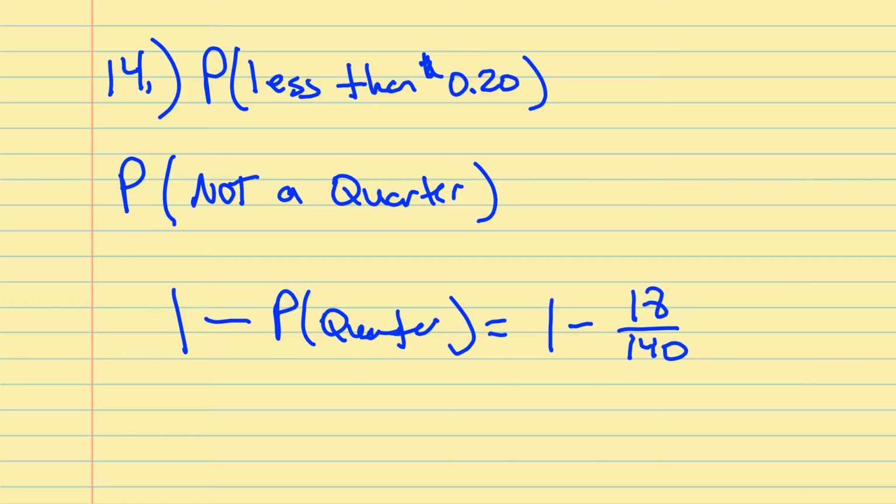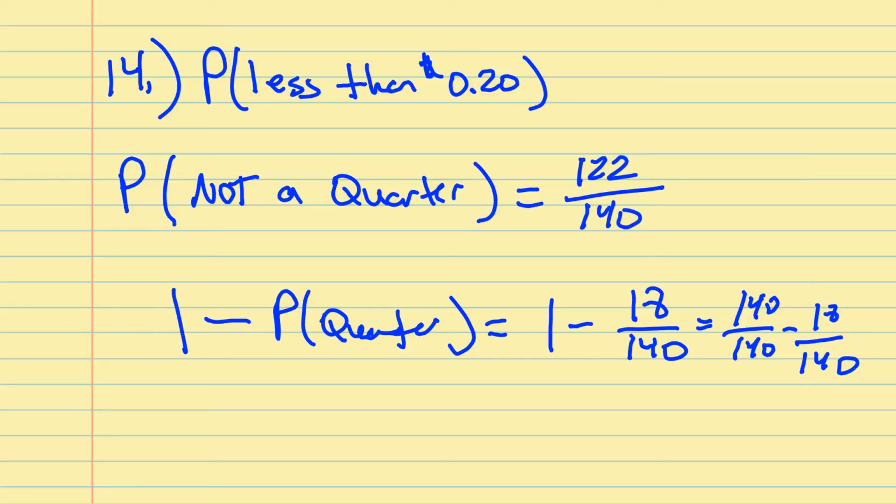So I do 140 over 140 minus 18 over 140. I'm going to end up with the probability of not a quarter is going to be 122 over 140. All right, that's going to simplify down to exactly 61 over 70, or about 87%.